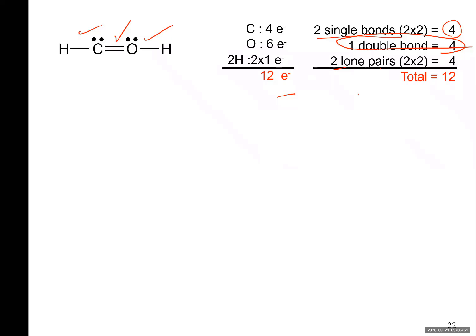Can I say I have 2 lone pairs? Each lone pair is 2, so 4. The total number of valence electrons used is 12. The total number of valence electrons brought in is 12. So according to the Lewis structure, this is not an invalid structure according to the 5 rules. How about the charge? We will check that later.